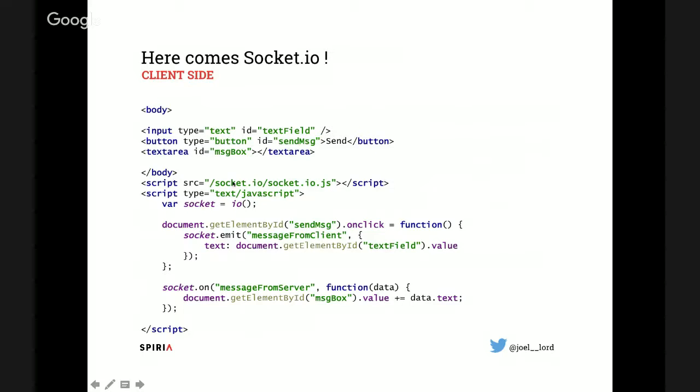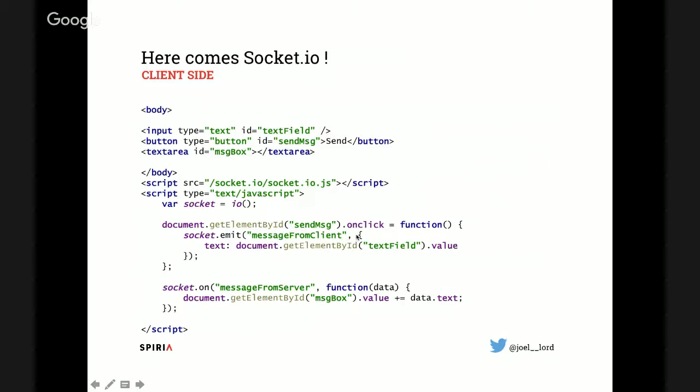After that, I include this socket.io/socket.io.js file, which is automatically created when you include socket.io on the server, on the Node server, which I'll show you in a second. And then we add our code. I just create a new socket here, and then whenever a user clicks on the send message button, I do a socket emit, and I emit an event, which is message from client.